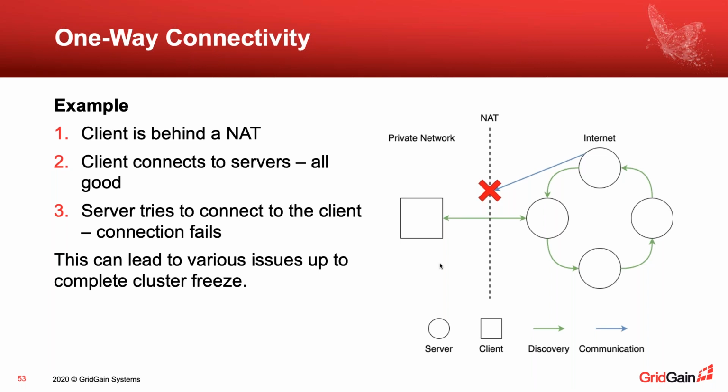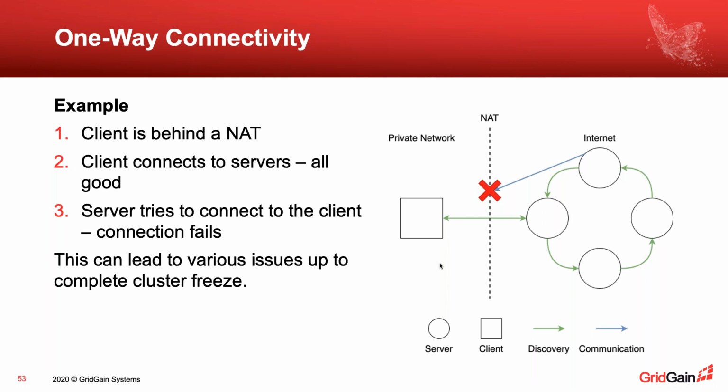The connection will break, then the server node will need to send a reply to the client. It will try to reestablish the connection, and it just can't. It hits the NAT. It can't break the NAT. The connection can't be established, and this can actually cause some very bad issues in the cluster. It can cause an entire cluster freeze.